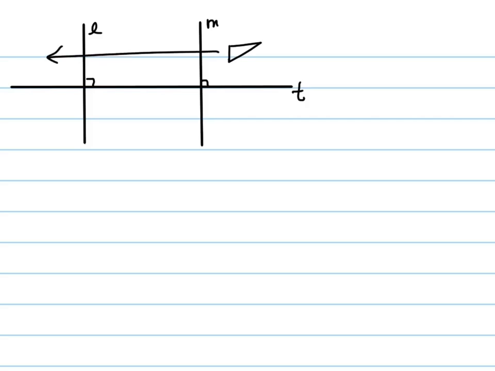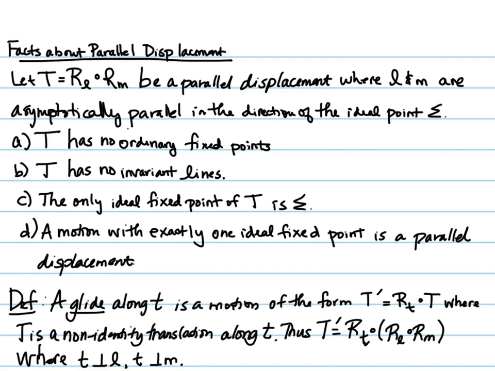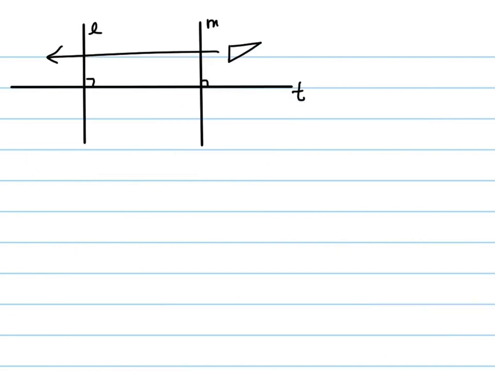We're going to translate in that direction because we're translating across M first because it's the inner transformation. Remember, compositions work from the inside out, so we start here. So we first reflect over line M, and then we're going to reflect over line L, and then reflect over line t. So we're working from the inside out.